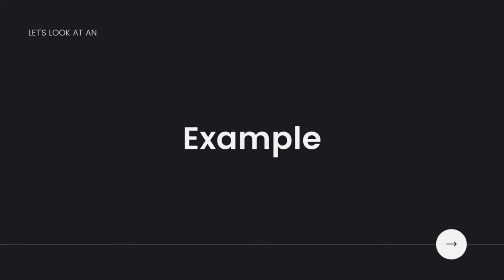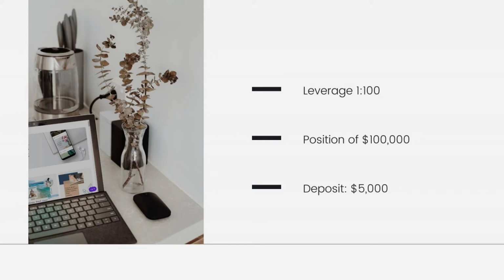Let's look at an example. If the allowed leverage is 1 to 100, or 1% of the position required, and you wanted to trade a position worth 100,000, but you only have 5,000 in your account, no problem, as your broker would set aside $1,000 as a deposit and let you borrow the rest.